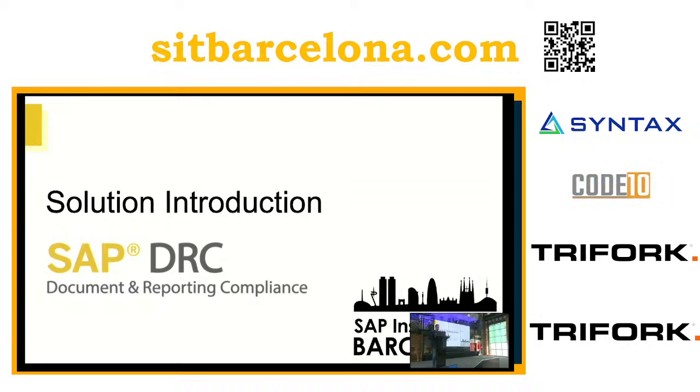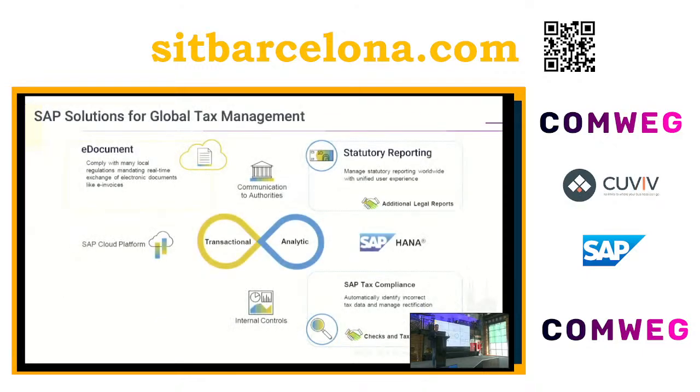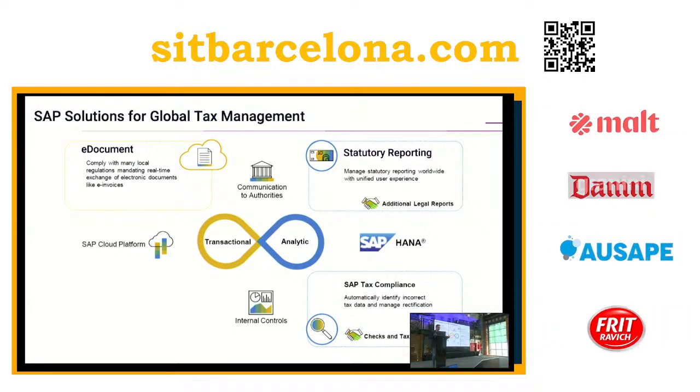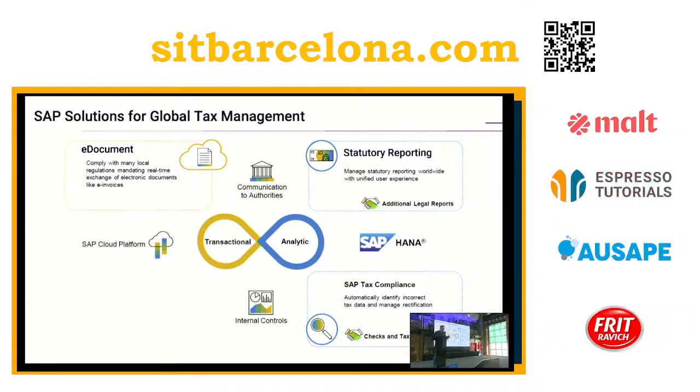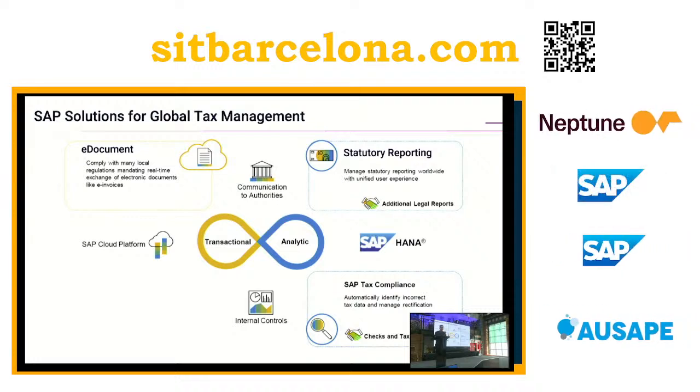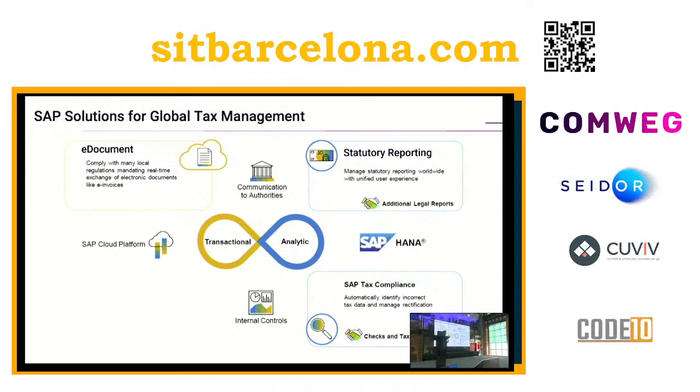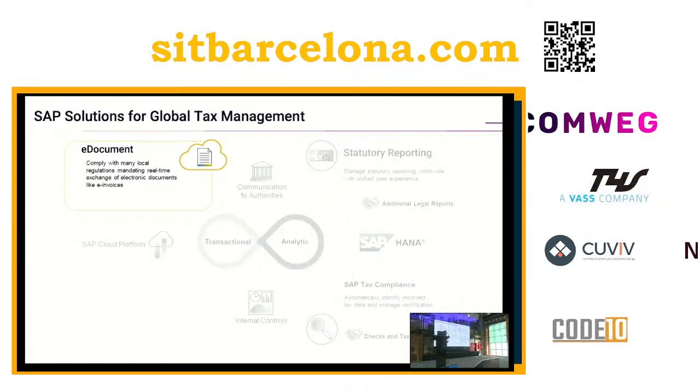I'm not going to go into details, but it's important that you understand the SAP Document and Reporting Compliance. It consists of two different technologies. SAP created the SAP solutions for global tax management. The strategy consists of 3 products, but let's start here on the left side, on the top, eDocument.